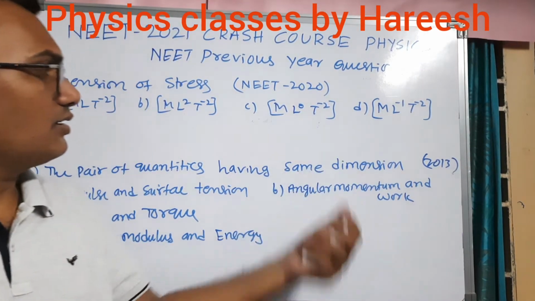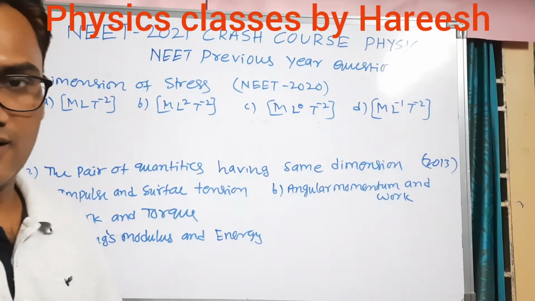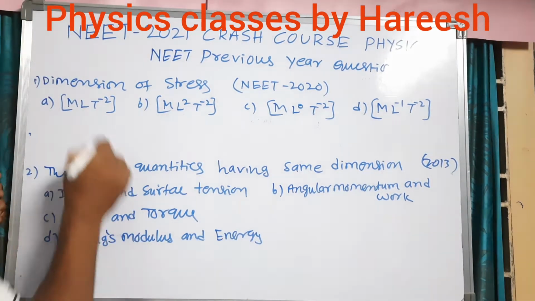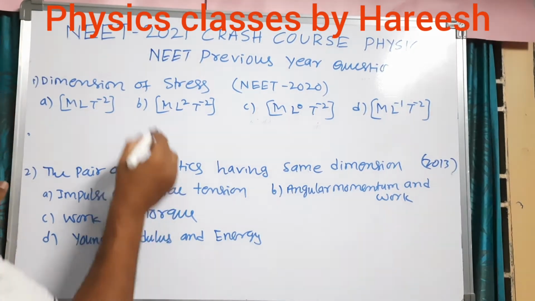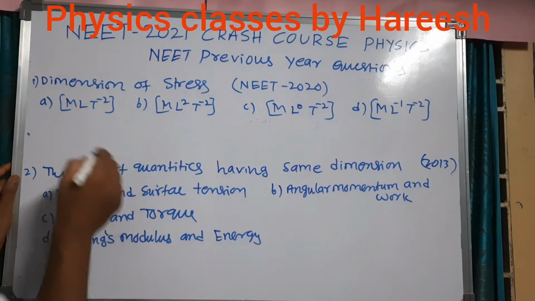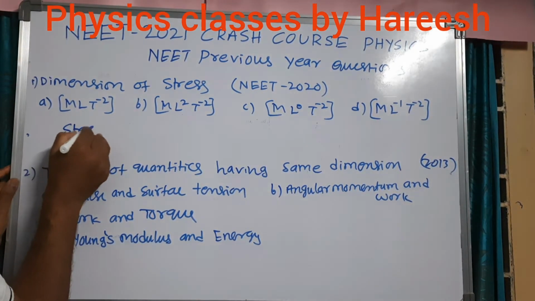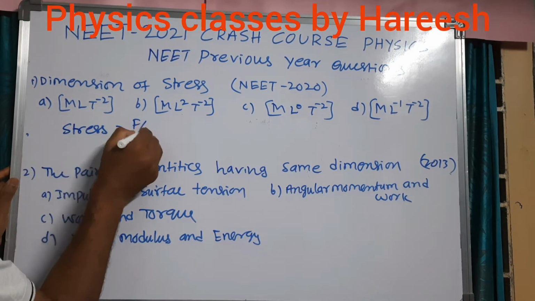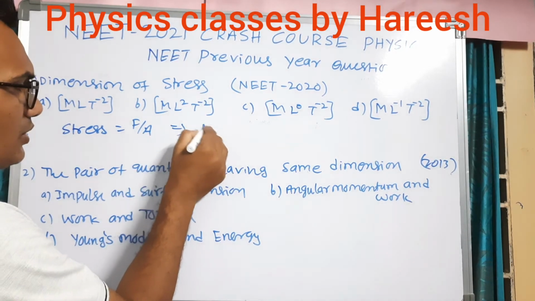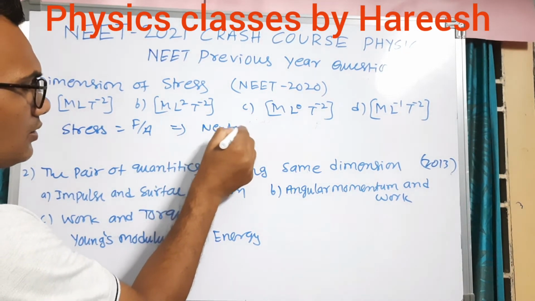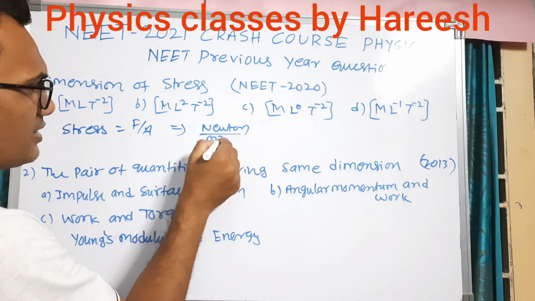Now we'll see the previous NEET questions on dimensions. Here, the dimension of stress. This is NEET 2020. Stress is force per area of cross section. Force is Newton, divided by area, meter square.